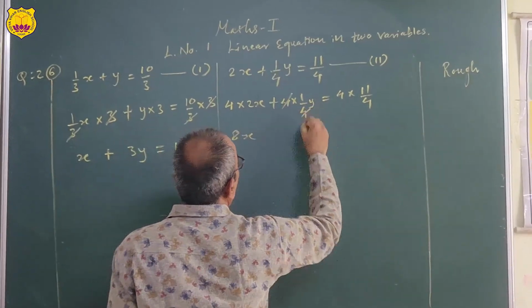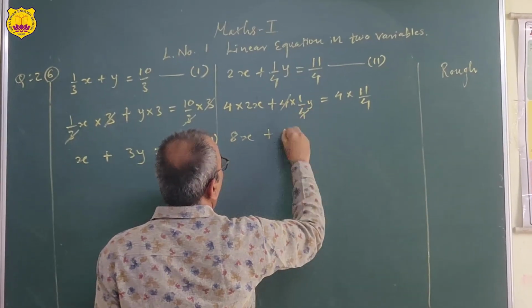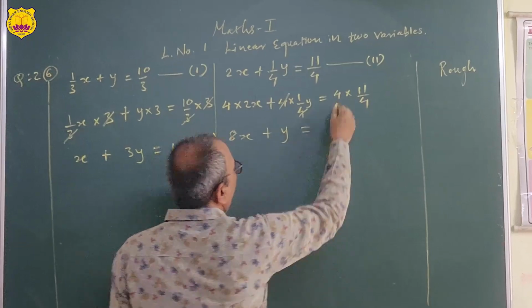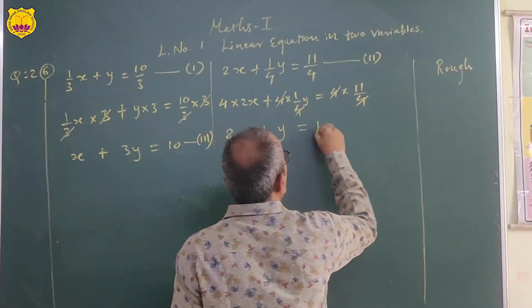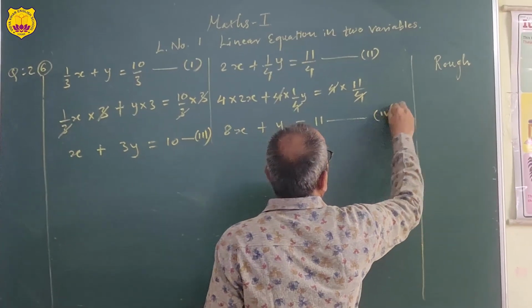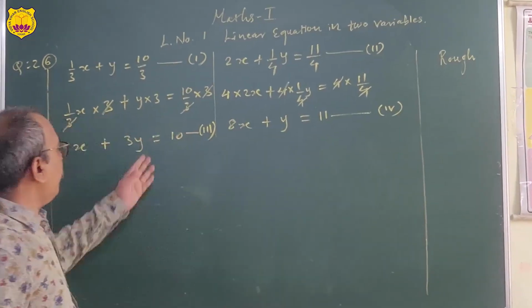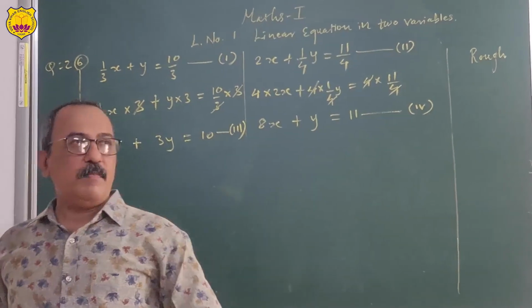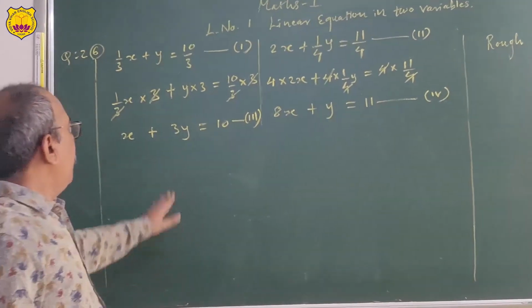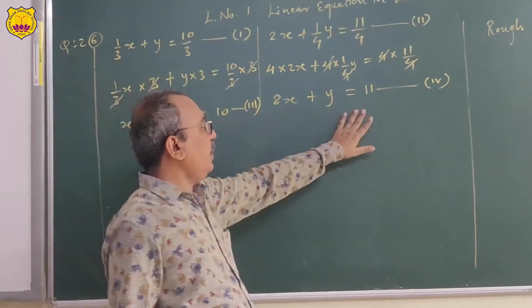Here 4 cancels, and we get y. Here also 4 will get cancelled, and we get 11. This is equation number 4. So here we got new equations, equation 3 and 4. Now as usual, as we have done in the previous question, we will solve these equations 3 and 4.